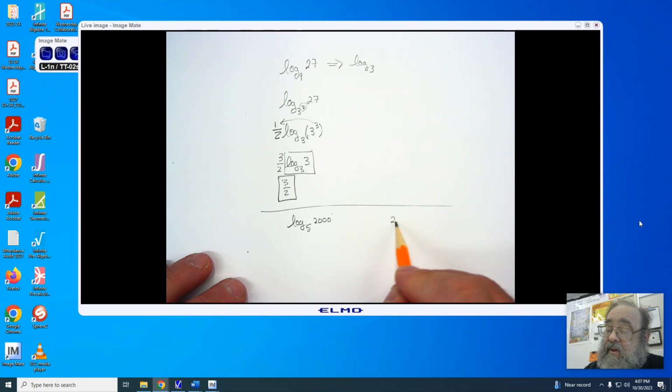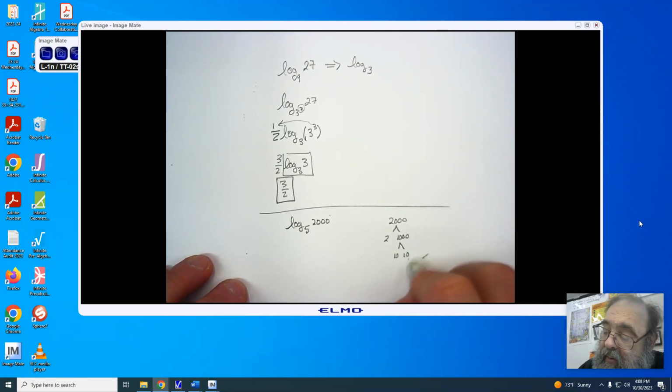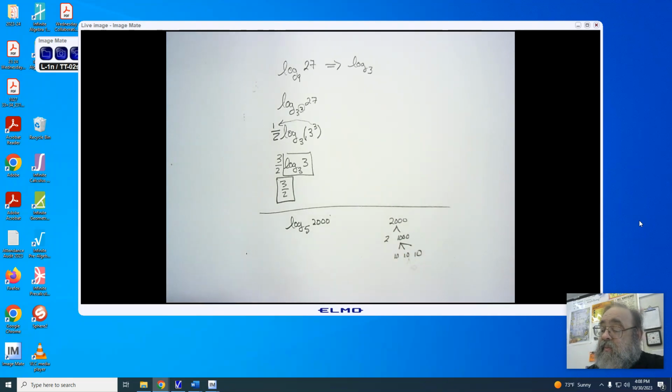So I'm going to take the 2,000, break off the 2, and it's now times 1,000. 1,000 is the same thing as 10 times 10 times 10. Now let's just make it 10 cubed, shall we? 10 cubed is 1,000. But I know that 10 is 2 times 5.